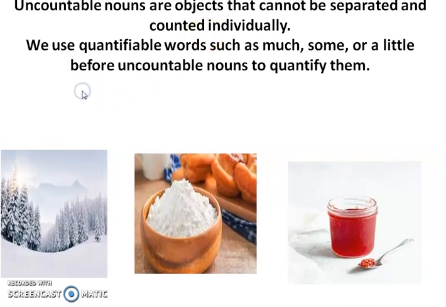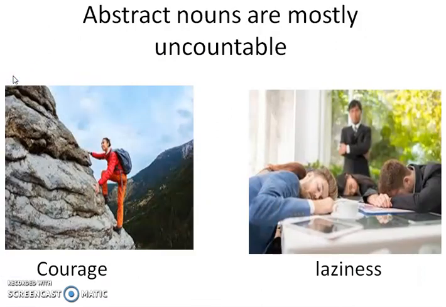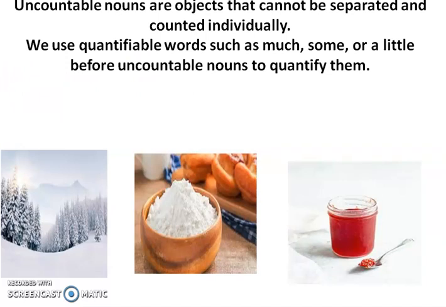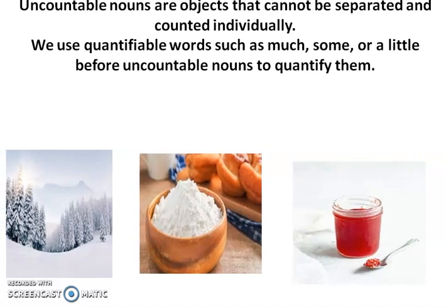Now for the uncountable nouns. Okay. Uncountable nouns are objects that cannot be separated and counted individually. So with uncountable nouns, we cannot separate them and we cannot count them one by one.